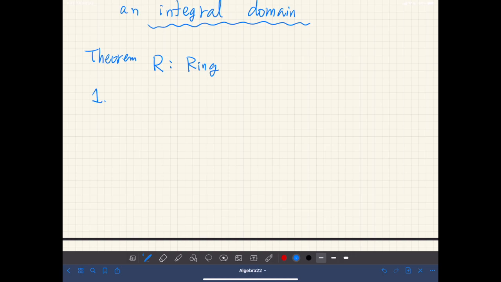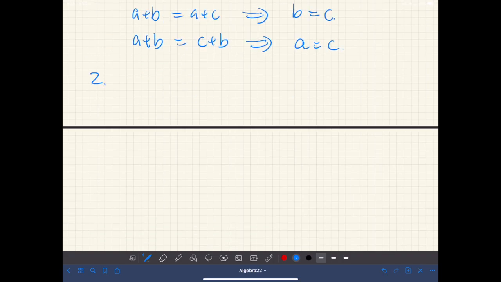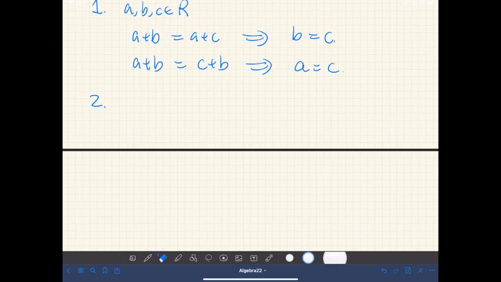First, for A, B, C elements of R, if A plus B is equal to A plus C, then B is equal to C. And if A plus B is equal to C plus B, then A is equal to C. And second, for all A elements of R, A times 0 is equal to 0 times A is equal to 0.